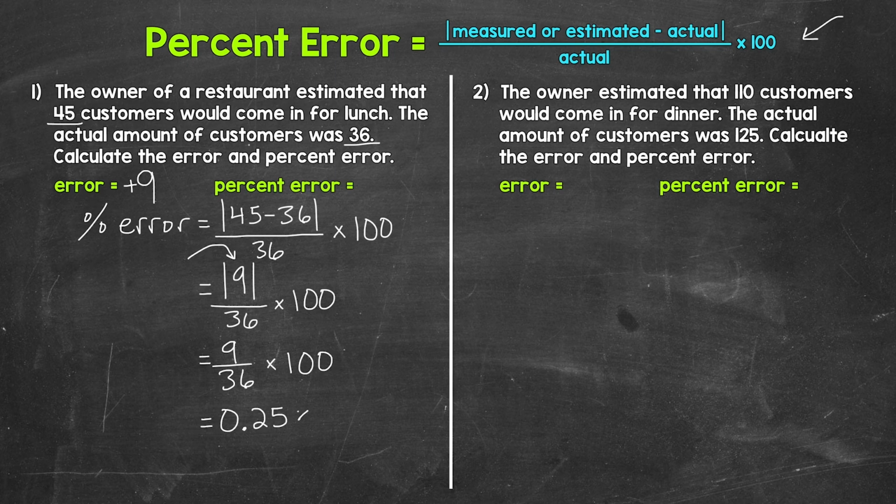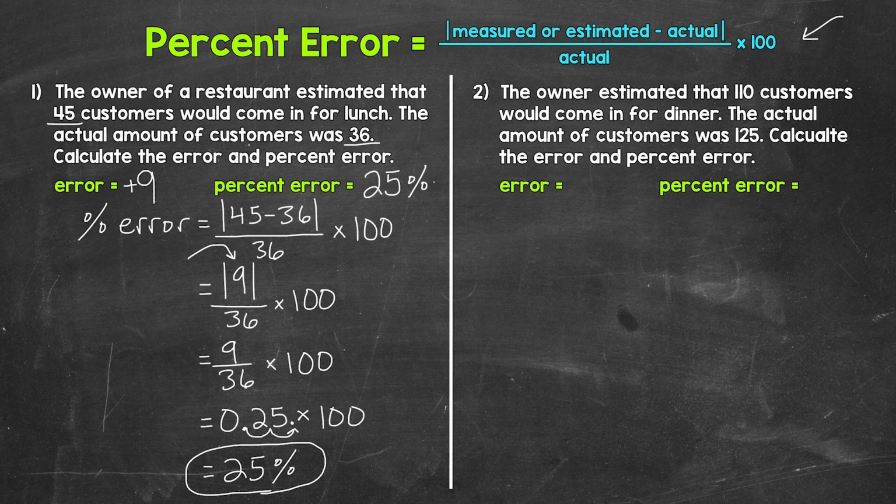So we need to multiply that decimal by 100 in order to convert it to a percent. And remember, a quick way to multiply by 100 is to move the decimal twice to the right. So once, twice to the right, and that gives us 25%. So the percent error, 25%.